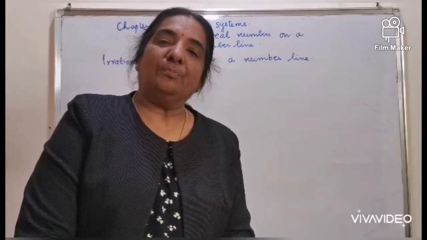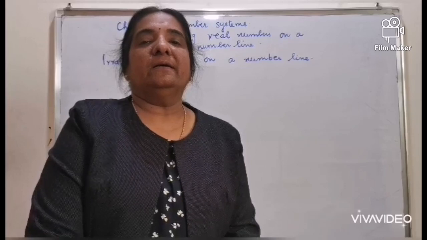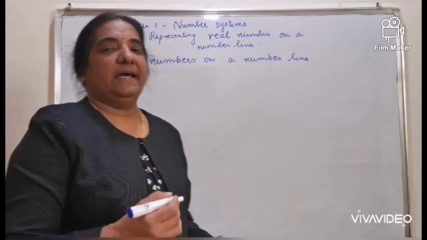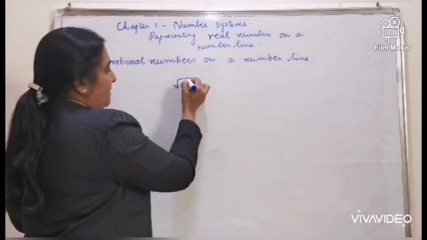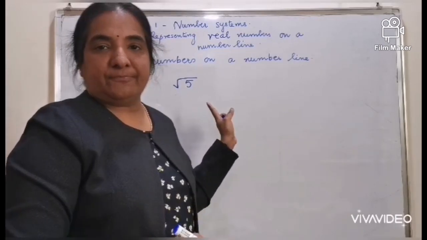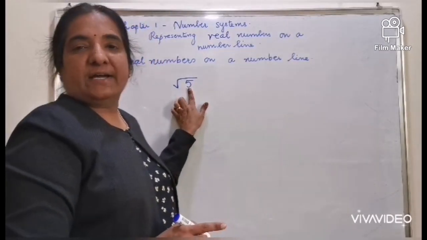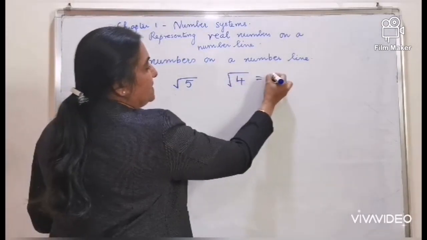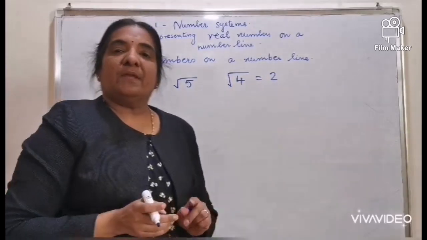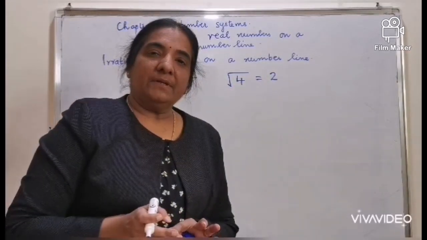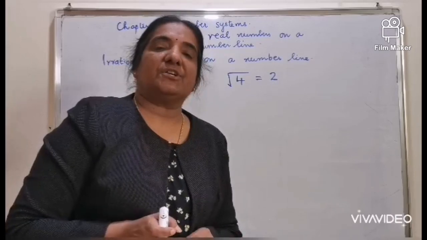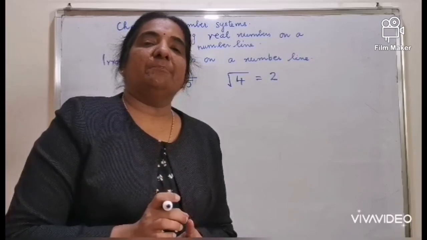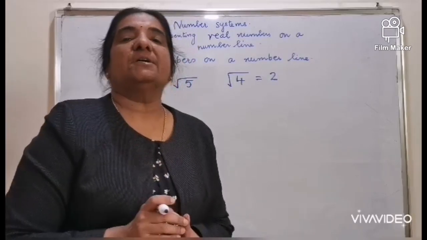Thus, you studied how to plot root 2, root 3 on the number line. How to represent root 5 on the number line? For root 5, the perfect square number close to 5 is 4 and square root of 4 is 2. So you can start the construction of the perpendicular from the number 2 on the real number line, where the number 2 is plotted.